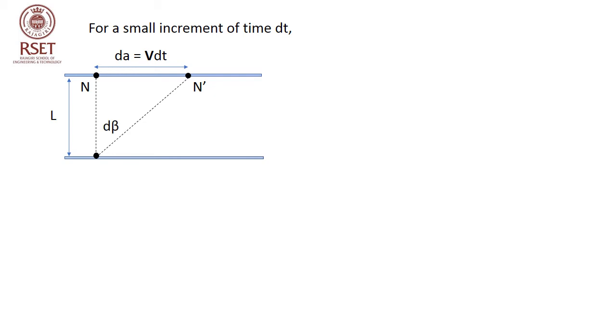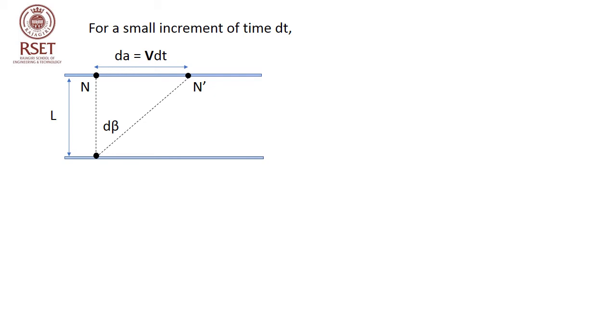This d beta will be your shear strain. In solid mechanics, we have learned how we define shear strain when it is applied by a shear force. Similarly, the angle subtended by the initial location and the final location after deformation is taken as the shear strain. So here also d beta will be acting as the shear strain.